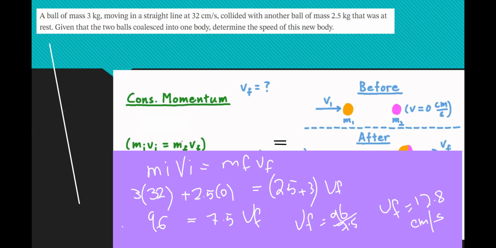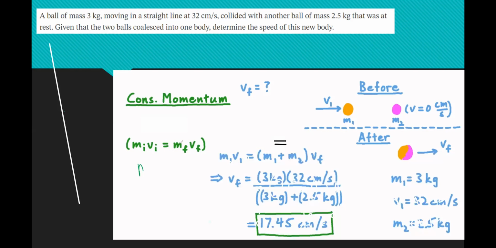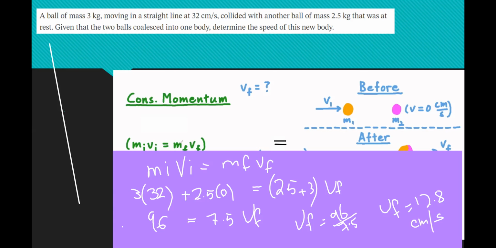Here we have 3 plus 2.5, which is 5.5, not 7.5. So 96 over 5.5, you will find that it is 17 and 5 over 11.